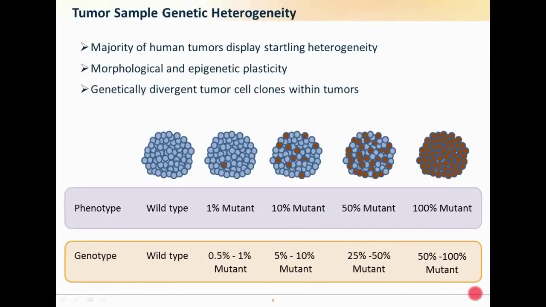Now, as you all know, tumor samples show a high degree of heterogeneity, and so depending on which section you get from a tumor may actually govern how efficient your test is due to morphological or epigenetic changes, and different tumor cell clones will diverge as the tumor grows and develops.